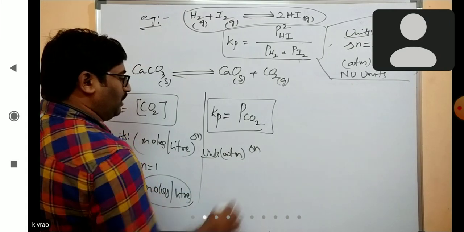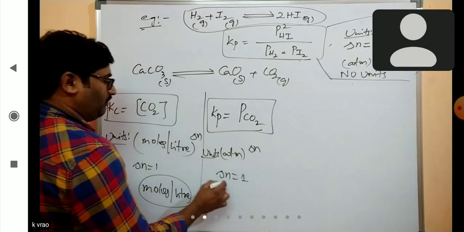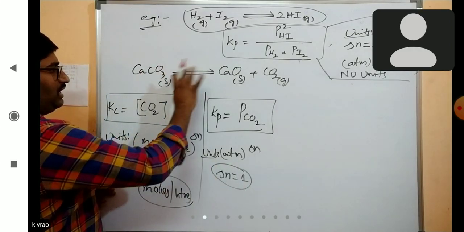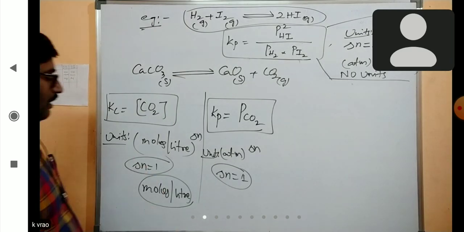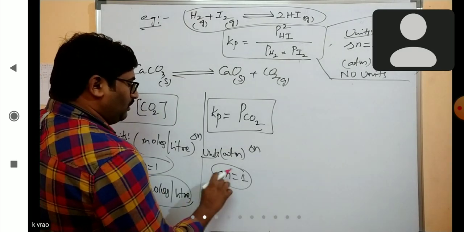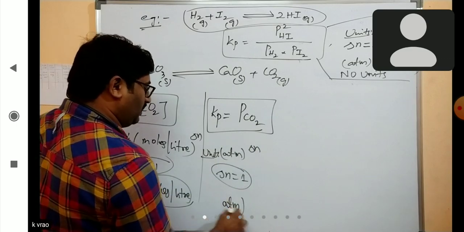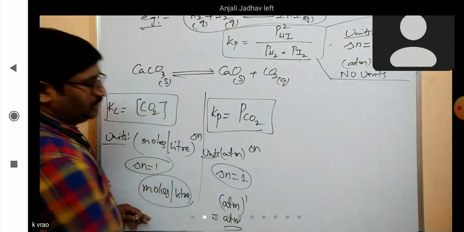Delta n value is equal to 1 as usual. Delta n value doesn't change. Now delta n is equal to 1, therefore units are atmosphere power 1, that is equal to atmosphere.